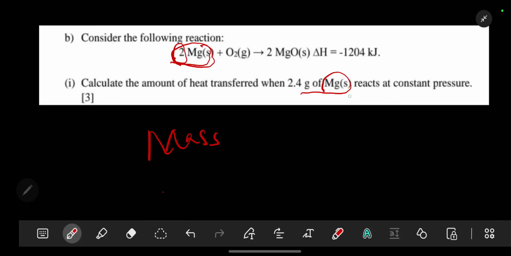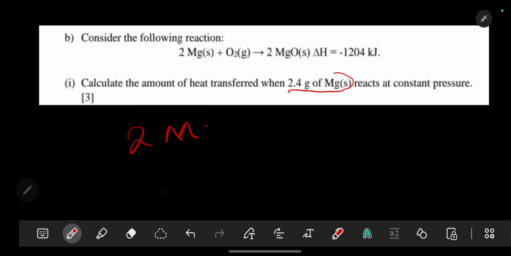If you are looking at the molar mass, you don't consider the number in front. But since we are going to consider it as the mass, it means we look at the number in front. So you are going to say 2 of magnesium. The mass of magnesium from the periodic table is 24 grams. You are going to multiply by 2, which will give you 48 grams.